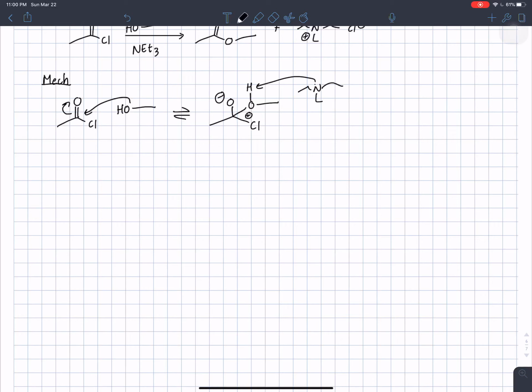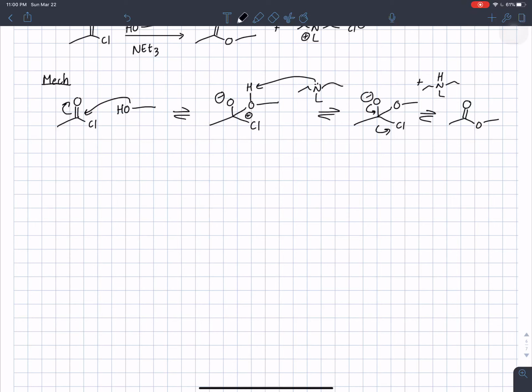The triethylamine will take off that H. We get O-methyl, Cl, and then the very last step is this goes here and this goes out. And you form the salt on the side. So just remember that's the primary reason we use the triethylamine there.